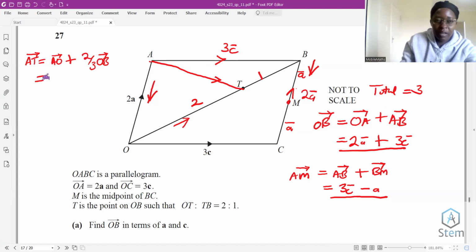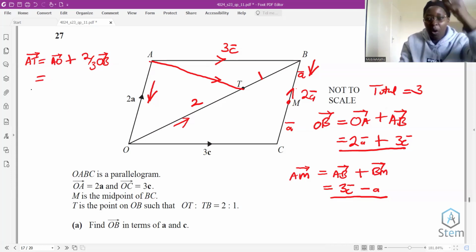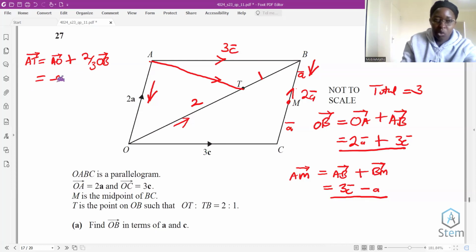So this is going to give us AO is, we are opposing, A is going up, then AO is going to go down. So it's going to be a minus 2A here, plus 2/3 of OB, we got OB here, is 2A plus a 3C. So let's simplify, because they said simplify as simple as possible.